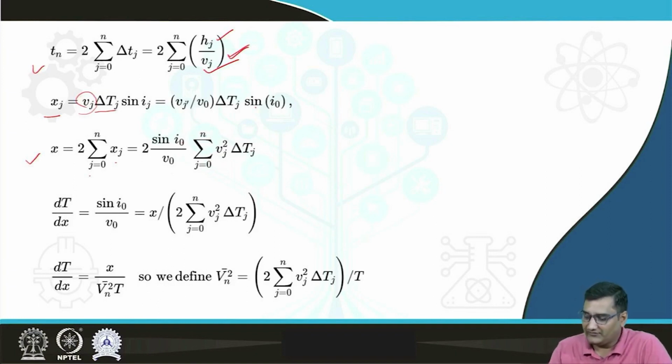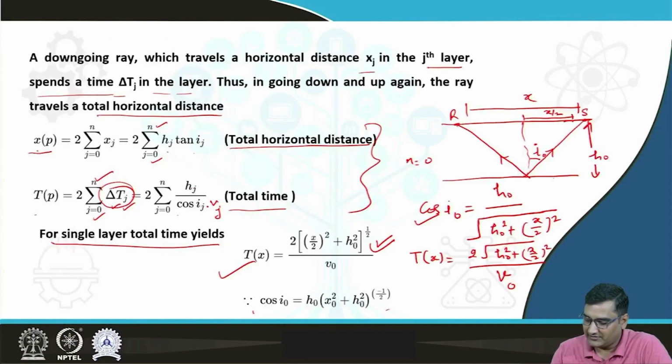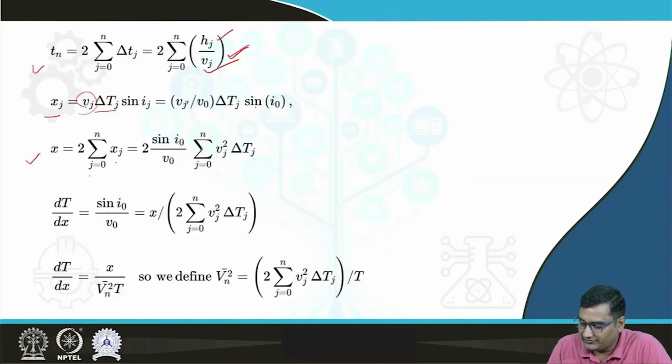So basically what is being done, if you look at this particular formula here, this is the total horizontal distance, and this formula is being used to find out this particular term.